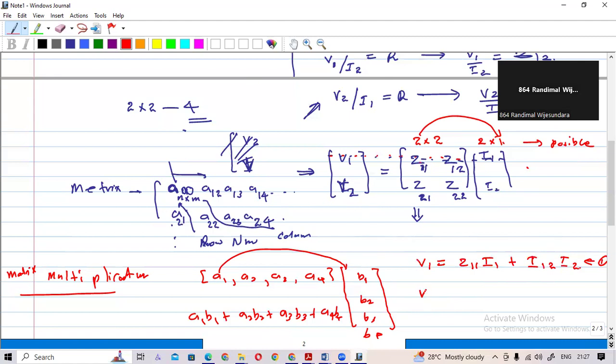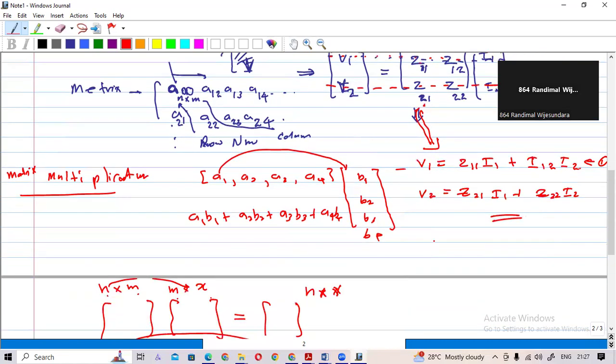Another equation you can write as V2, again doing the multiplication with the second row: Z21 I1 plus Z22 I2. This way the matrix form can be resolved into the equation form.